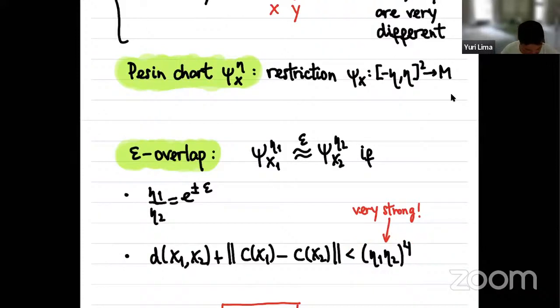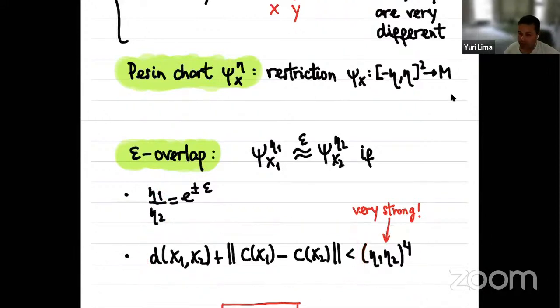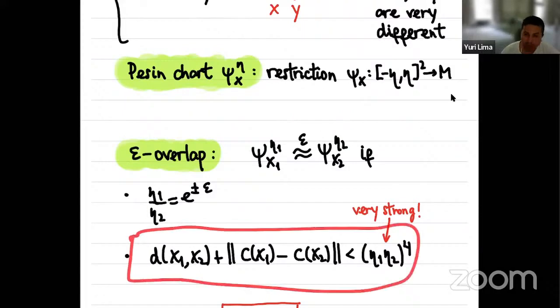If you want an epsilon overlap to hold, you should choose proper scales that are comparable, to which this sum here is smaller than the product of the scales to the 4th power. So the smaller the scales are, the stronger the condition of epsilon overlap becomes.